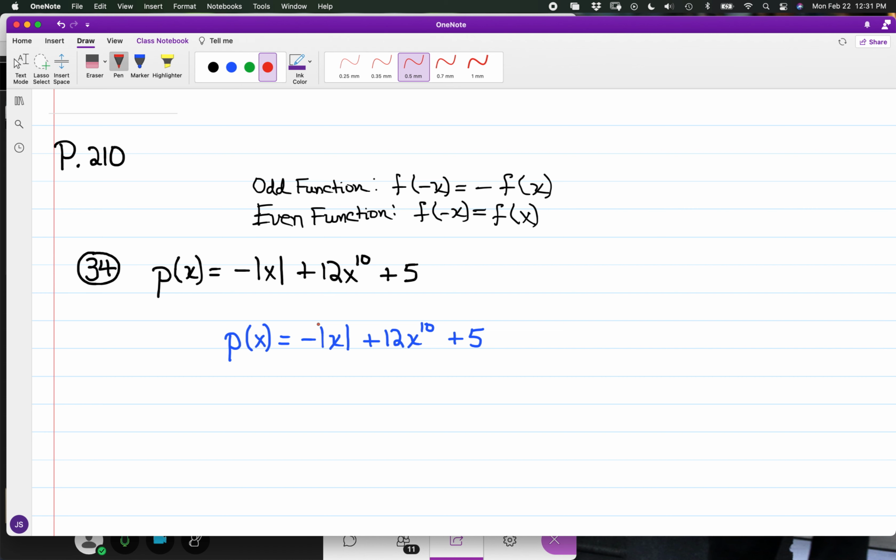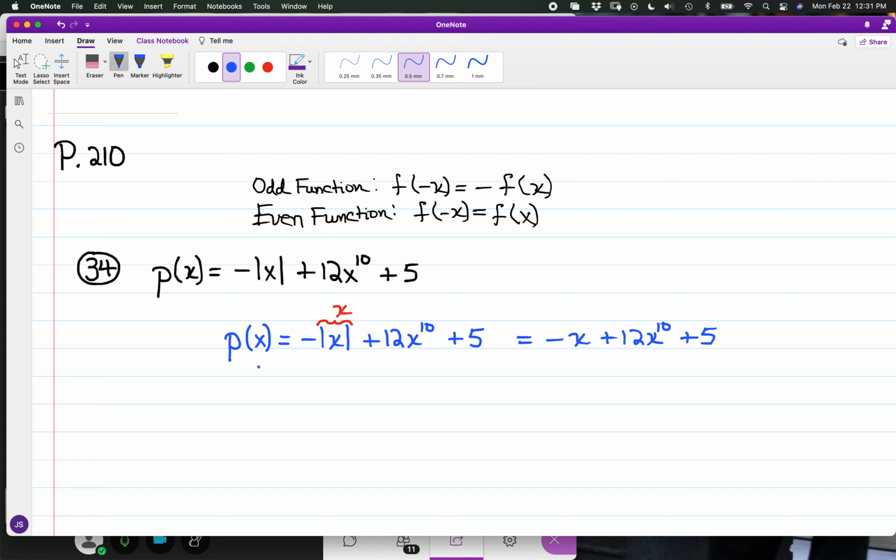If I remove the absolute value notation, the absolute value of x would just go to x, and I'm still taking the opposite sign of this, so this would be the negative of x, plus 12 times x to the 10th, followed by the addition of 5.